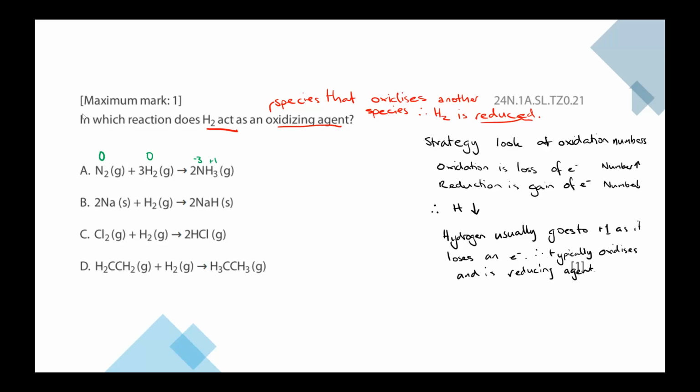Because the valency of nitrogen is always that -3 and so on. Next, chlorine gas plus hydrogen gas goes to hydrogen chloride or hydrochloric acid. So the hydrogen in this case is going to be a +1. The chlorine is a -1 nearly always.